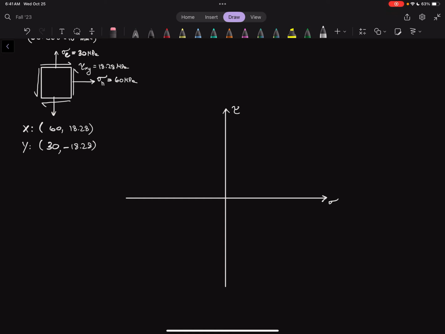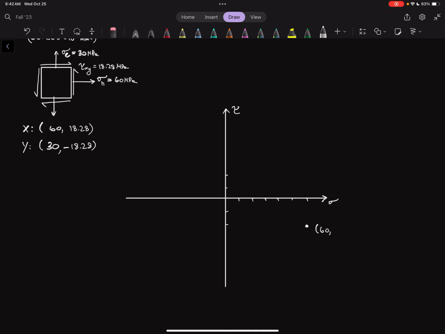So we'll say 10, 20, 30, 40, 50, and 60. So 60 and positive 18.28, that's going to be roughly right here.